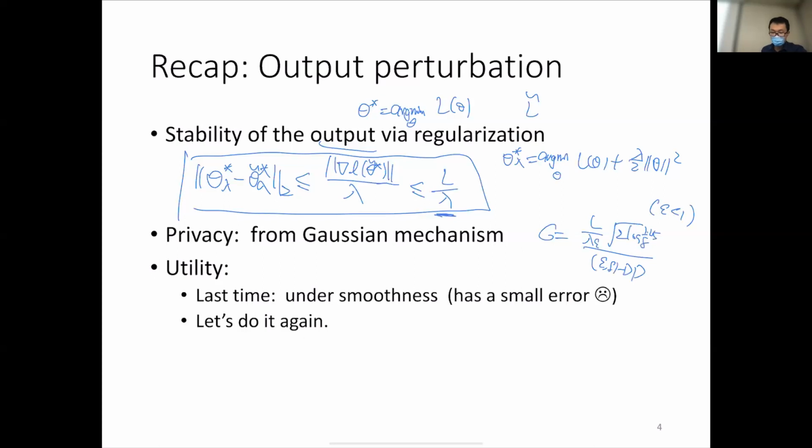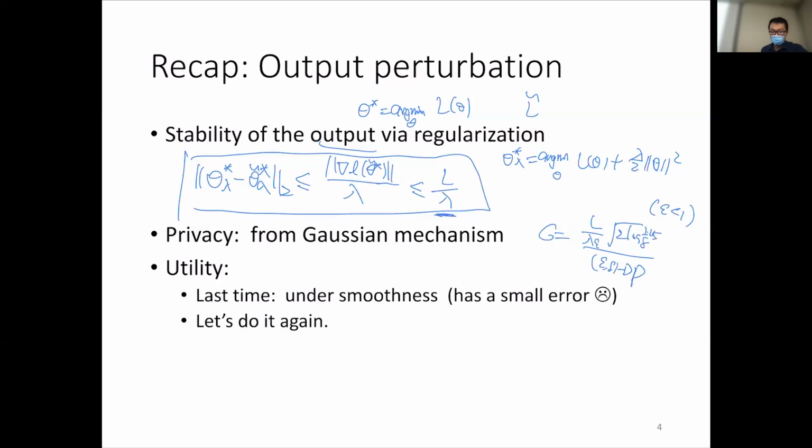Okay, so we also went on to analyze the utility of this output perturbation algorithm. And last time we used the smoothness property of this loss function L, but then I missed an exponent. So there's a small error in the derivation from last time, which affected the rate on n and all the other properties, which I'll do again and make sure that it is correct and clear now.